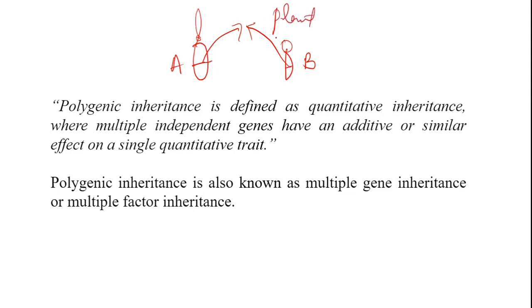That is called non-allelic gene interaction. When more than three genes, more than four genes, show an effect on some phenotypic trait, it is called polygenic inheritance.